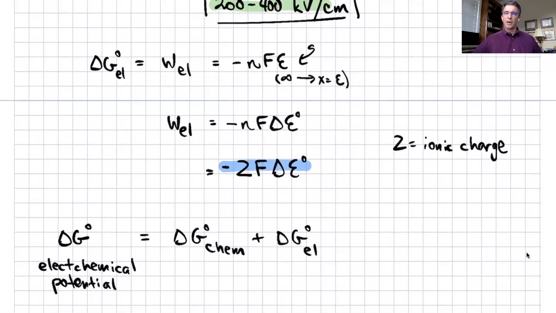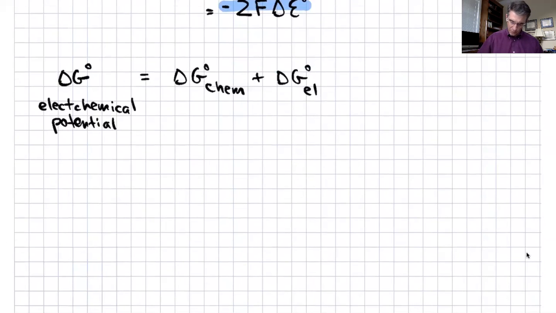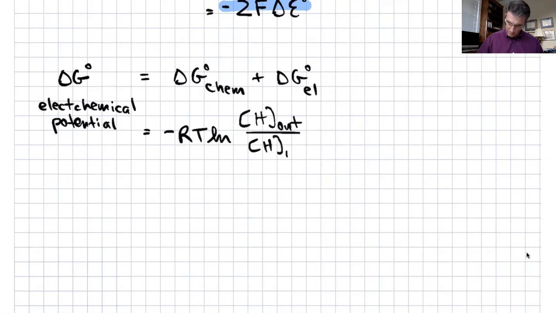And we can write down an expression for the electrochemical potential. It's simply equal to minus RT log concentration of protons on the outside divided by the concentration of protons on the inside, minus ZF delta epsilon naught.